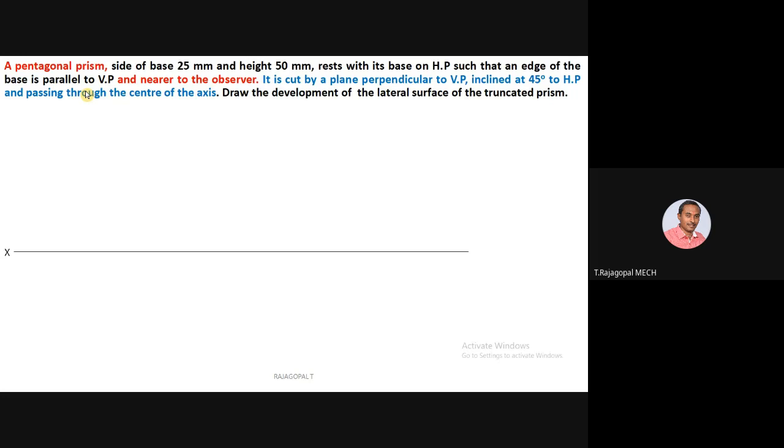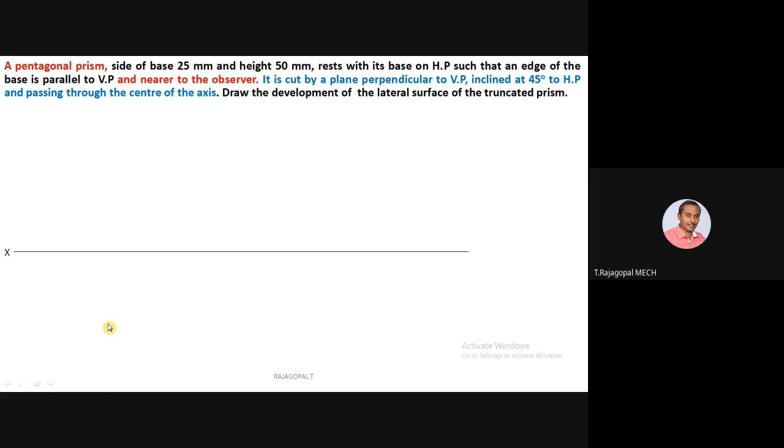Okay, an edge of the base is parallel to VP. I always tell my students like as a shortcut, you can replace VP with XY. Whatever the condition given in your question with respect to VP, you just replace VP with XY, which means one edge of the base is parallel to XY.